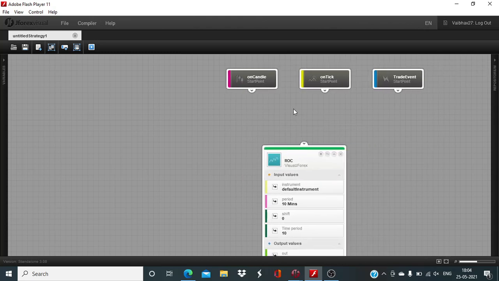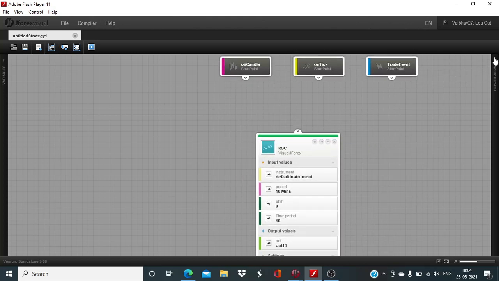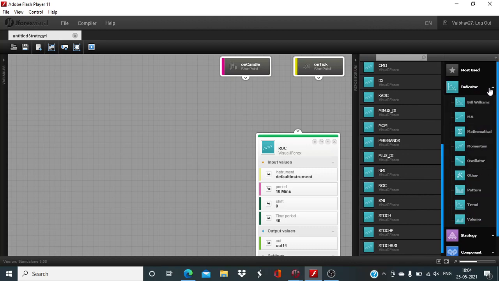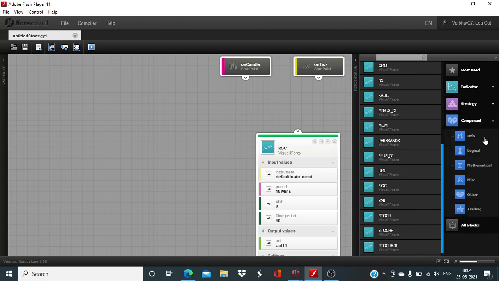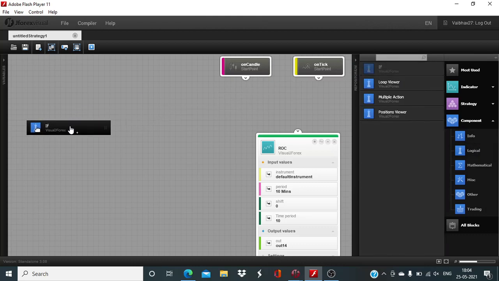Here, first thing first, the instrument subscription will need to be carried out, and for that logical blocks are required.